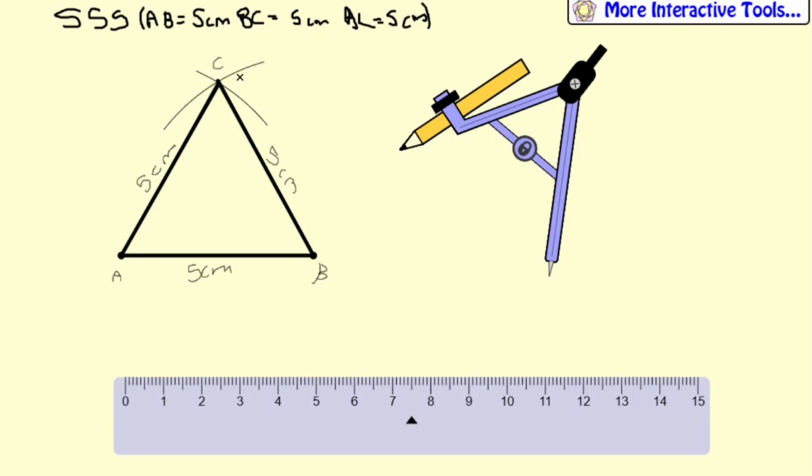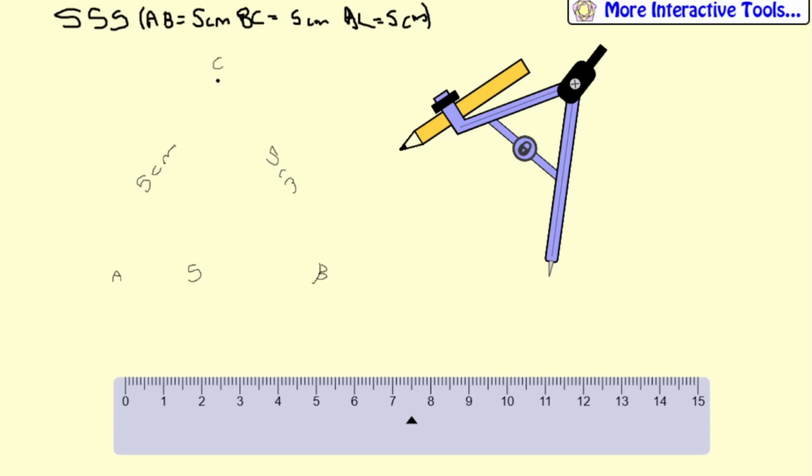If these compass marks or arcs are not present when you are doing a SSS triangle, which means side, side, side, given all three sides, then the assumption is that your triangle was not constructed.